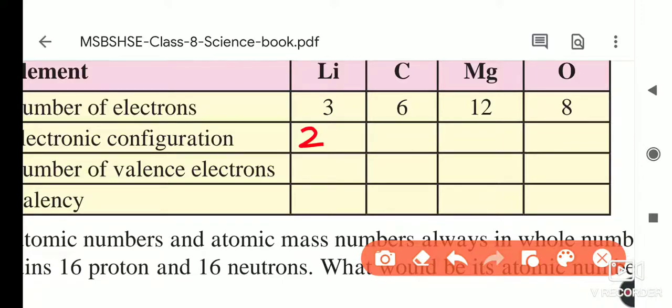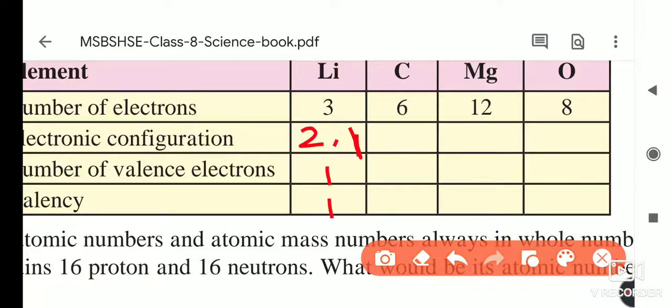So from 3, 2 are gone into the first orbit, and in the second orbit how many will come? 1 electron will enter. So how many valence electrons are there here? 1 valence electron, and so its valency is also 1. Okay, clear? The valency depends upon the number of electrons in the outermost orbit. So valence electrons is 1.